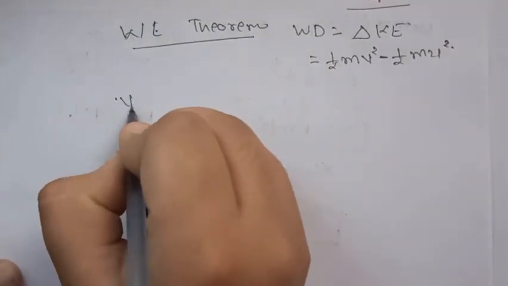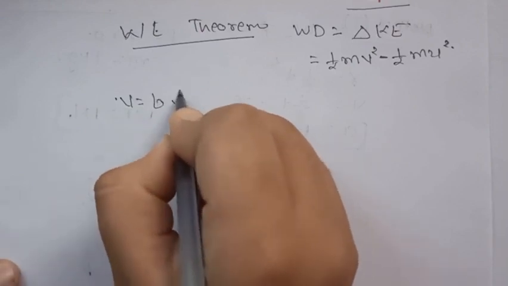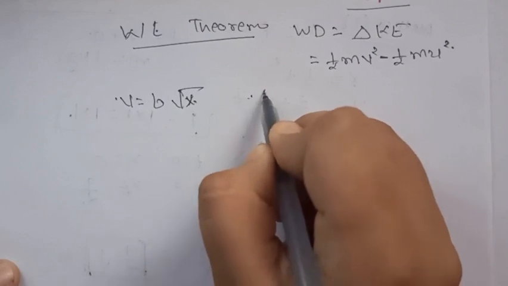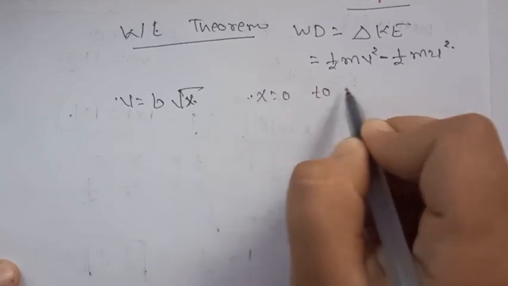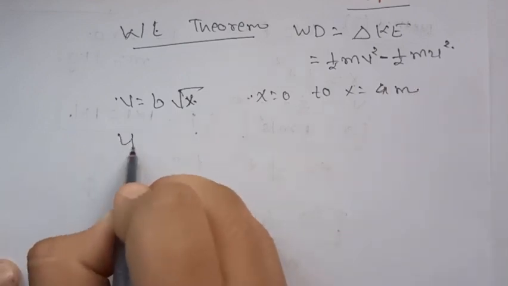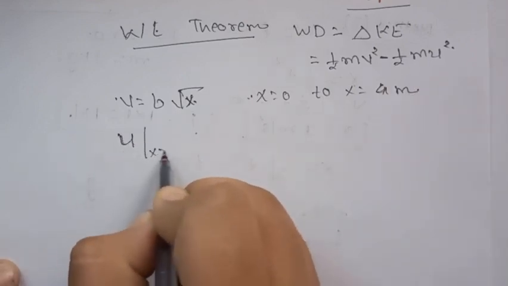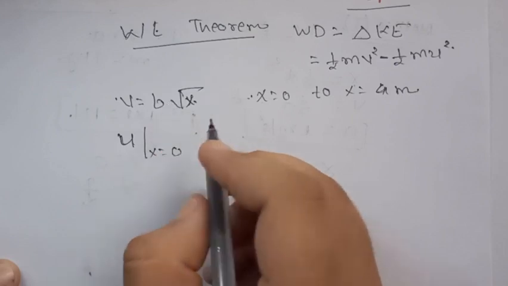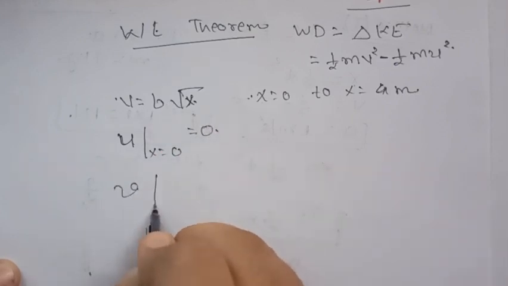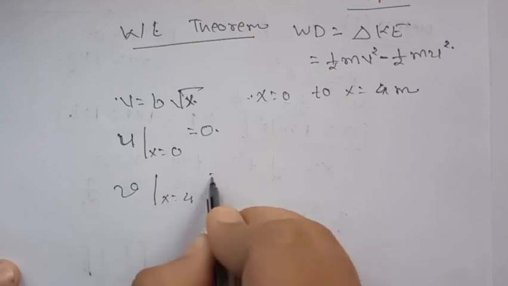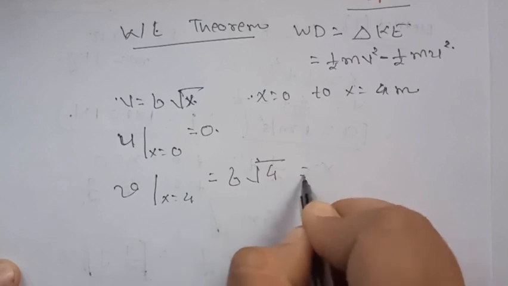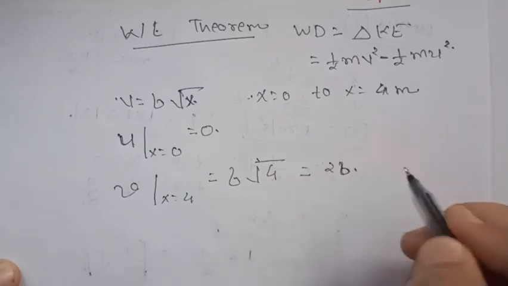The function of velocity is given as b root x. We want to find the work done from x equals 0 to x equals 4 meter. So initial velocity will be at x equals 0, put this value, so u will be 0. The final velocity will be at x equals 4, so that will be b root 4, that will be 2b.